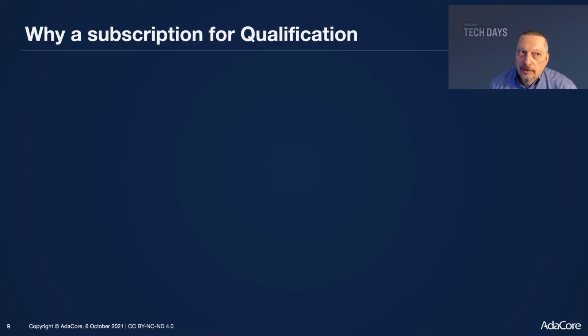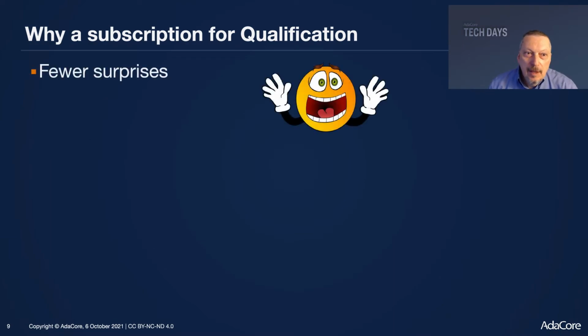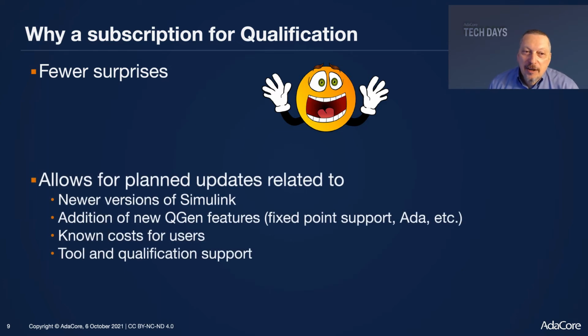So why do we care about subscription? You have fewer surprises. It allows for planned updates. You're not frozen necessarily on a particular version. As Tucker mentioned, there's yearly updates. You can choose to take the next update or not.